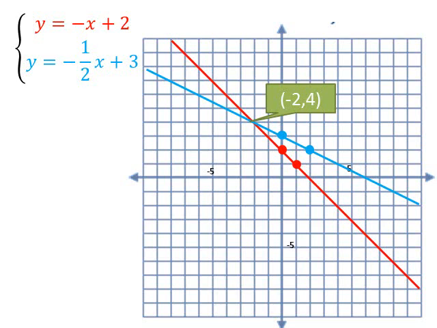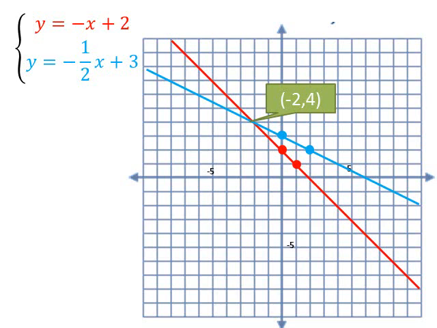For the blue graph, my initial value is 3. My rate of change is negative 1 over 2, so I go down 1 and over 2 from that first blue point. That gives me a second blue point. I connect them, and there we have it. Remember, every point on the blue line, even the ones that aren't marked, is a solution to the blue equation.